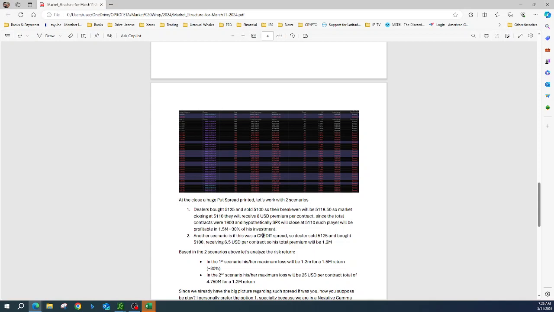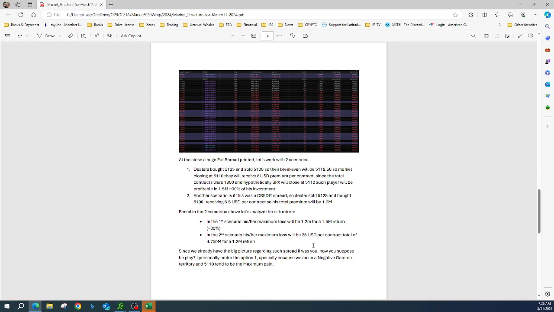If it was a credit spread, this guy is leveraging the amount of money that he has. He's looking for 1.2 million full premium, so he's looking for a market close above 5,125. But the risk-reward doesn't look very attractive to me.